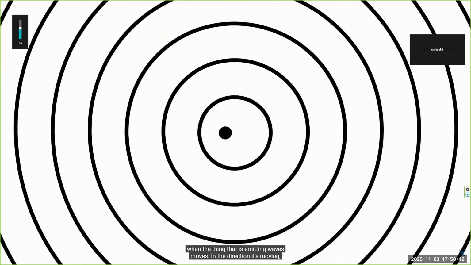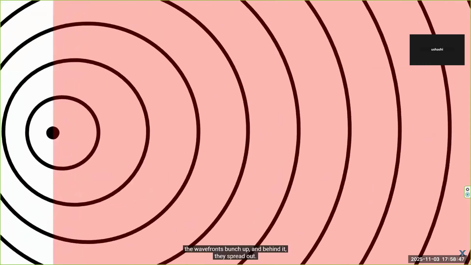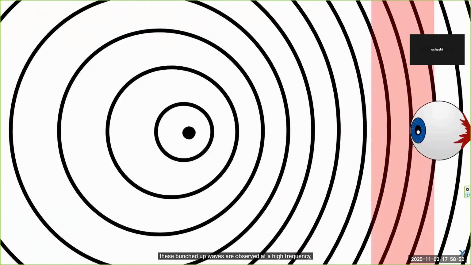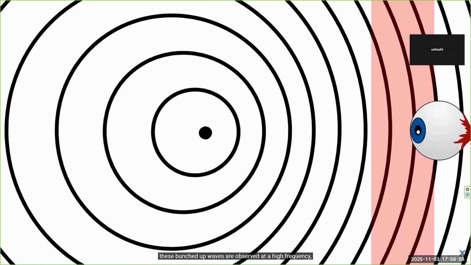We see the Doppler effect happening when the thing that is emitting waves moves. In the direction it's moving, the wavefronts bunch up, and behind it, they're spread out. If our object is moving towards a stationary observer, these bunched up waves are observed at a higher frequency.